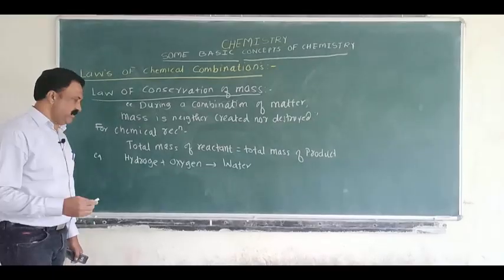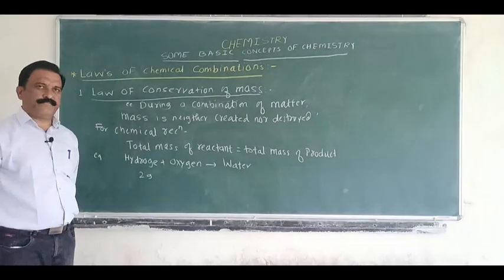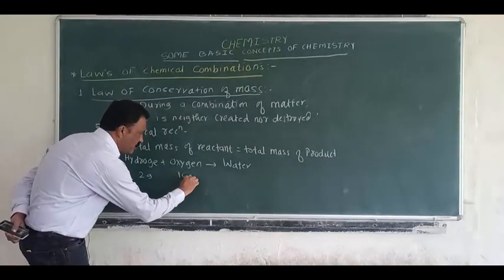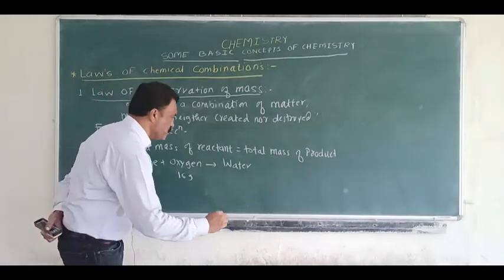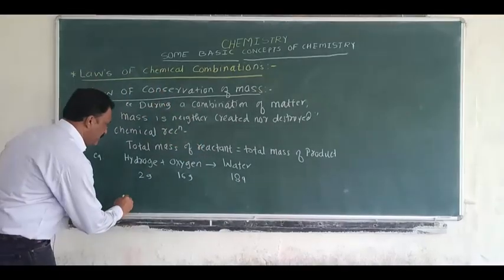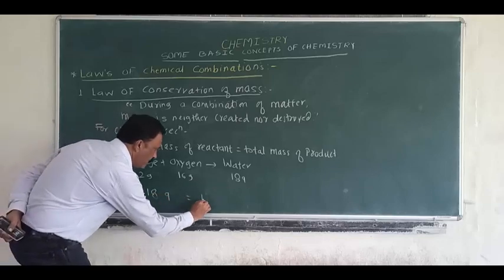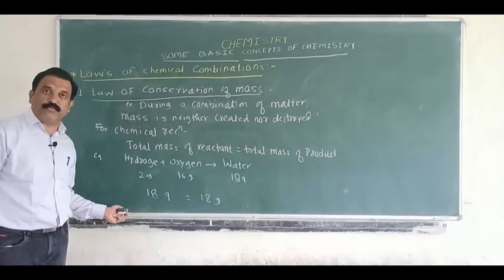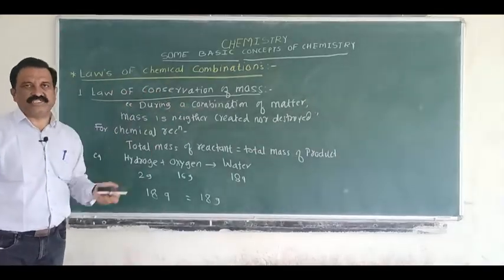The mass of hydrogen is 2 grams, the mass of a single oxygen atom is 16 grams, and the mass of water, H2O, is 18 grams. Hence, 18 grams equals 18 grams. This is the proof of the law of conservation of mass.